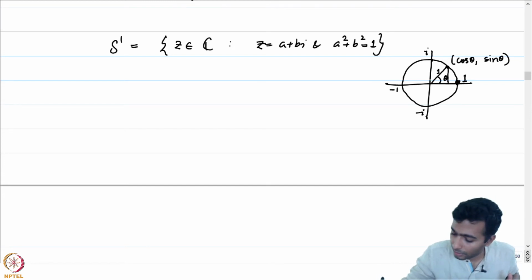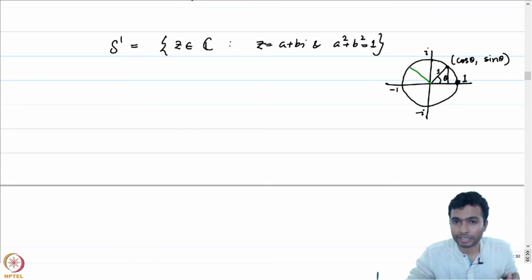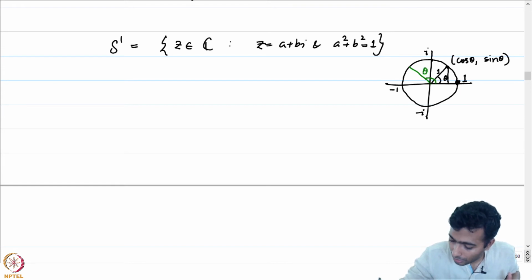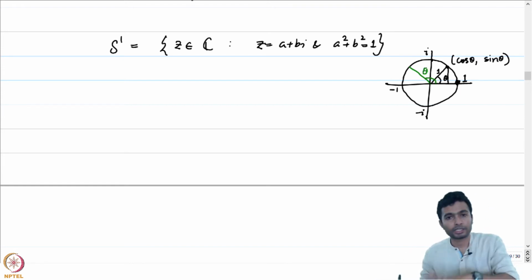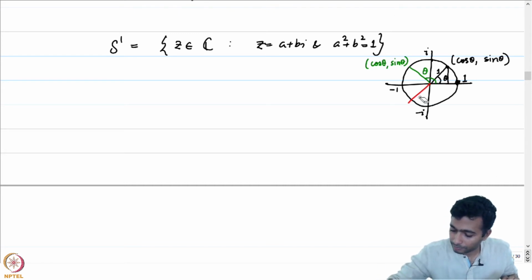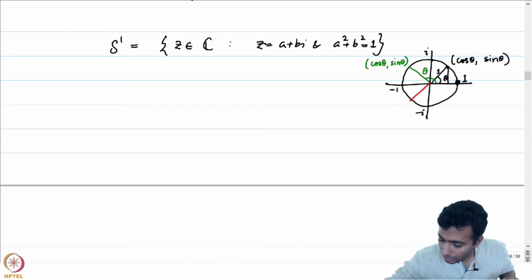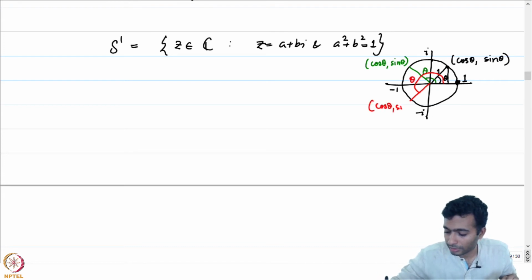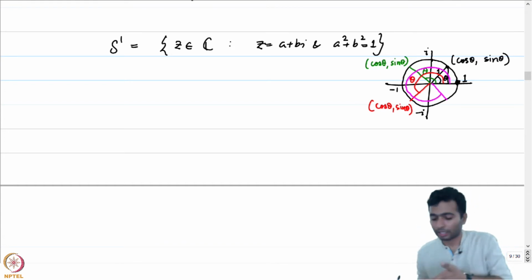Suppose this is in the second quadrant and suppose this angle is theta. I would suggest that you sit down and check that this is exactly going to be cos theta and sin theta again. This is going to be the case here as well. If this angle is theta, it is going to be cos theta, sin theta, and no difference here. This angle, if it is theta, will be the same, cos theta, i sin theta.